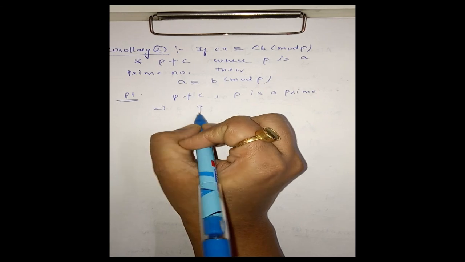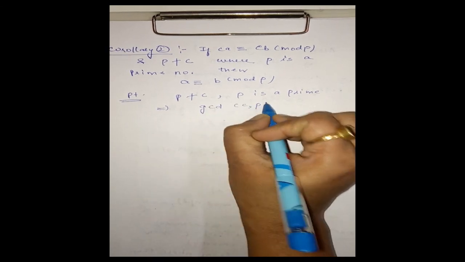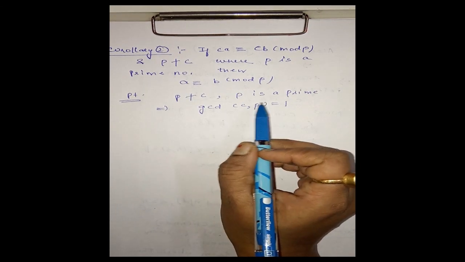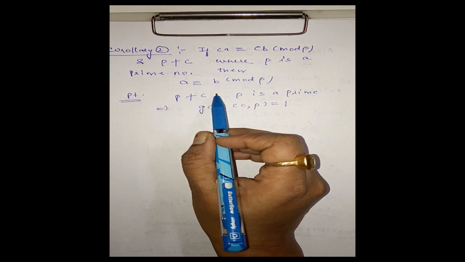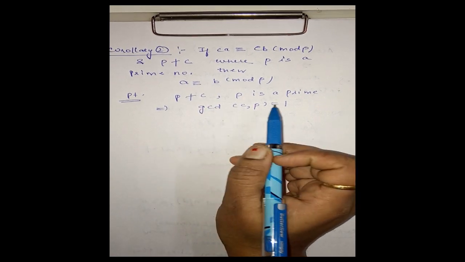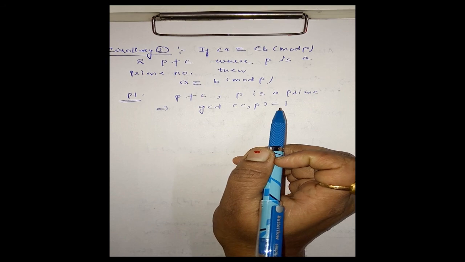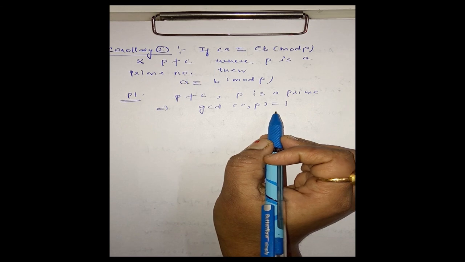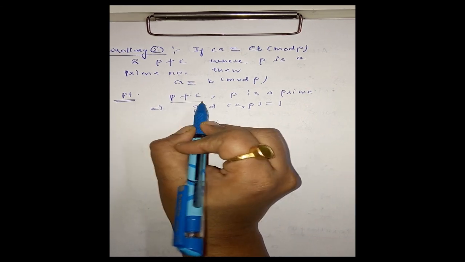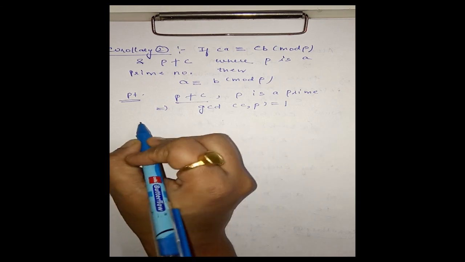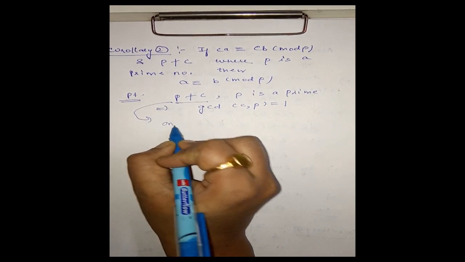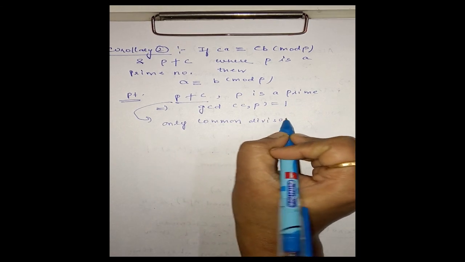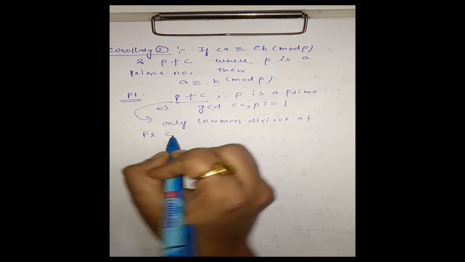This implies GCD of C and p is 1, since the only divisors of p are 1 and p itself, and p does not divide C. That means the only common divisor of p and C is 1.